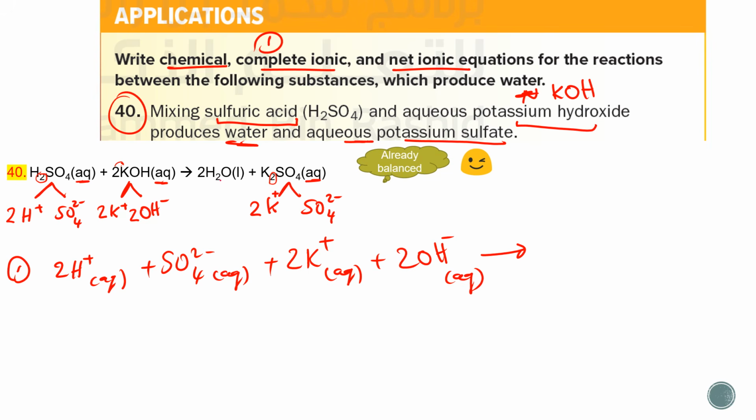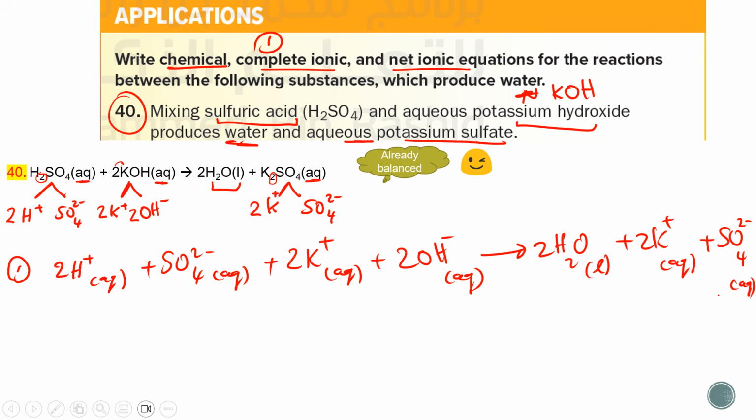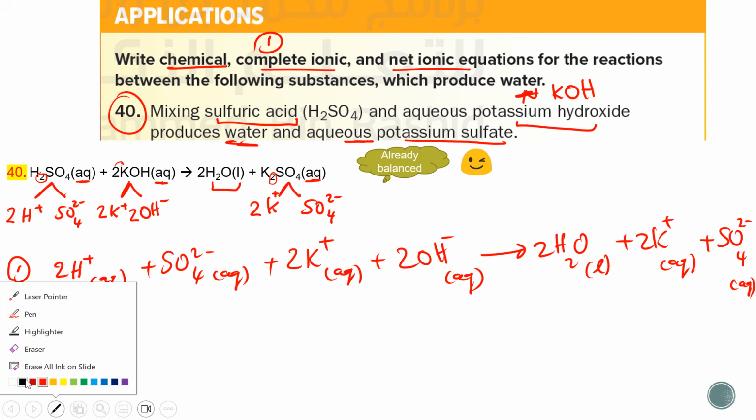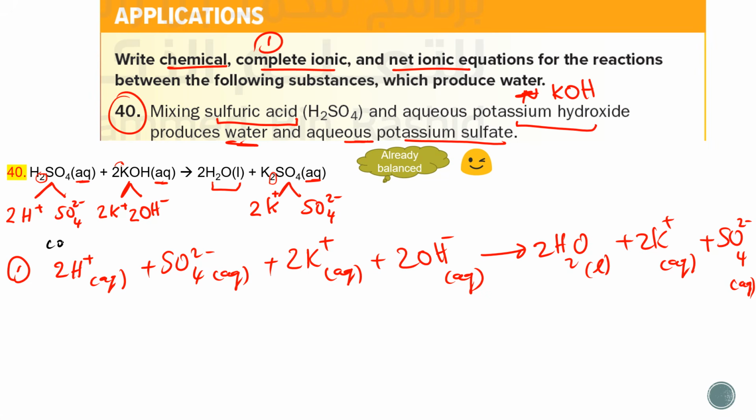H2O is a liquid, we don't touch it. So 2H2O liquid plus 2K plus AQ plus SO4 minus 2 AQ. This is the complete ionic equation, because it shows me all the substances, all the ions that I can write.